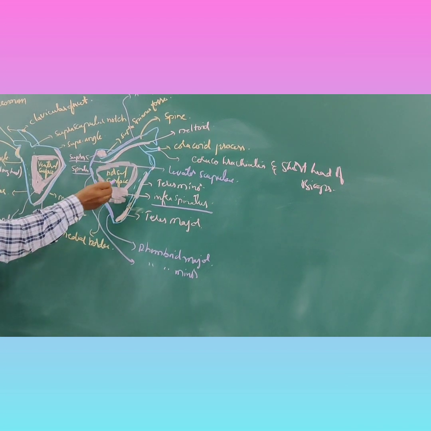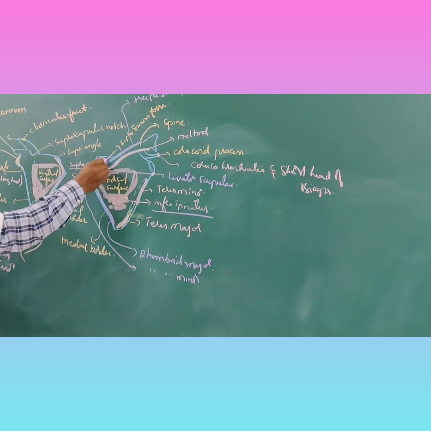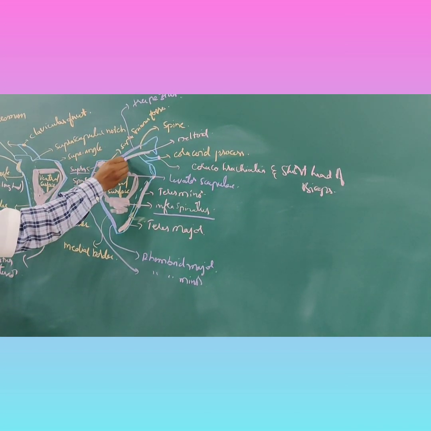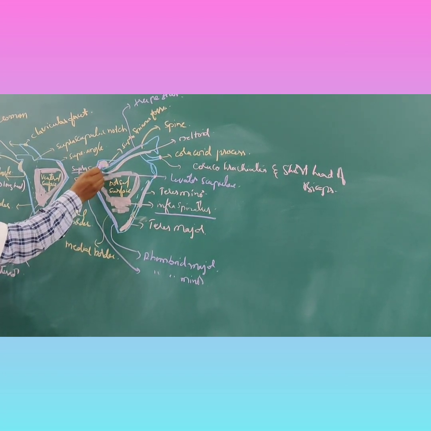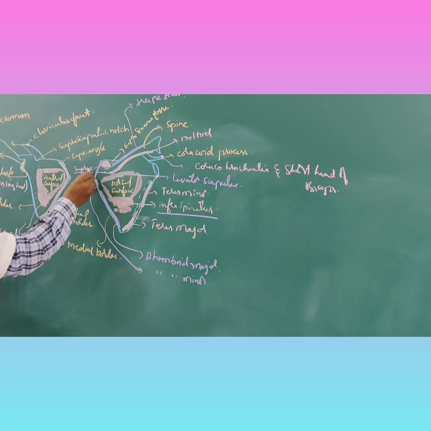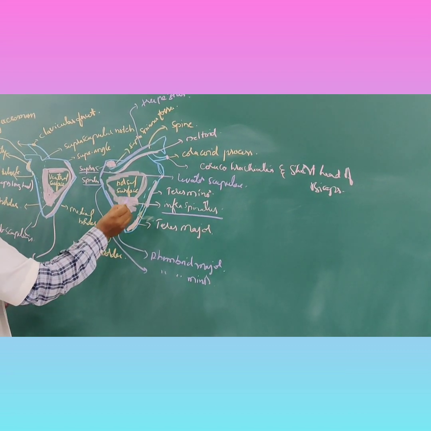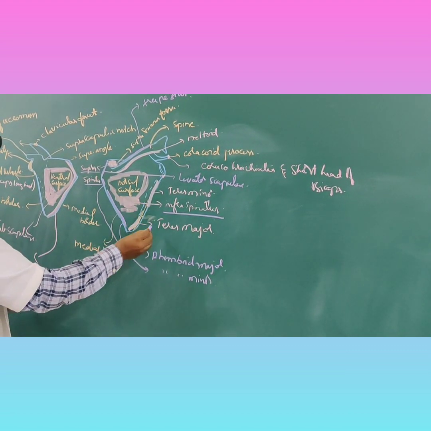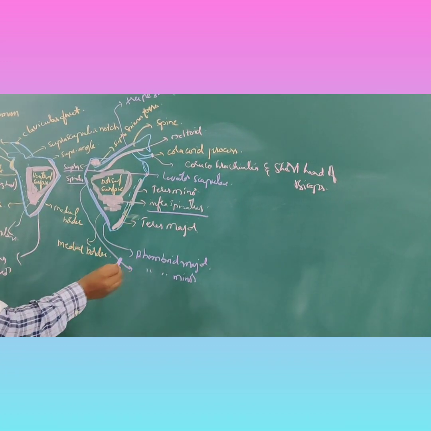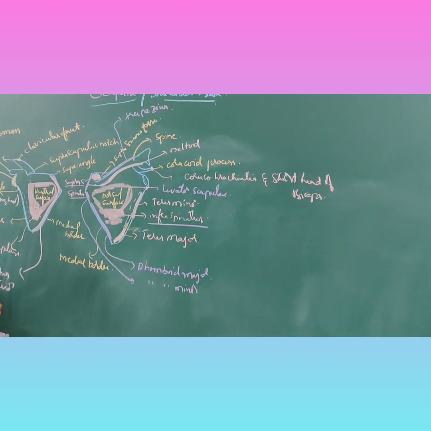So these are the two muscles arising from the dorsal surface. Right? Then what are the other muscles on the dorsal aspect?